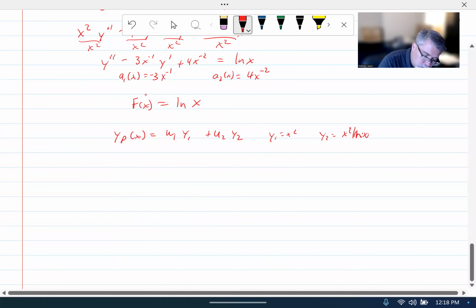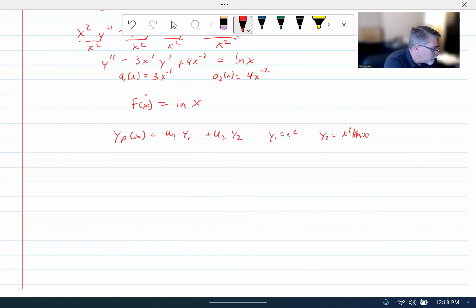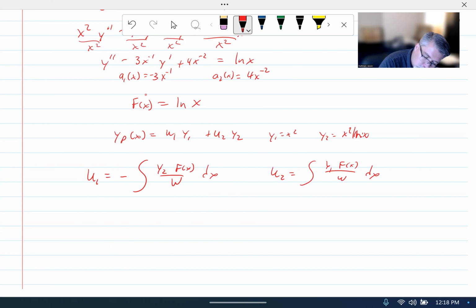Okay, so now let's figure out what u has to be using the variation of parameters method. So u1 was equal to negative integral of y2 f of x over the Wronskian dx, and u2 is equal to the integral of y1 f of x over the Wronskian dx.